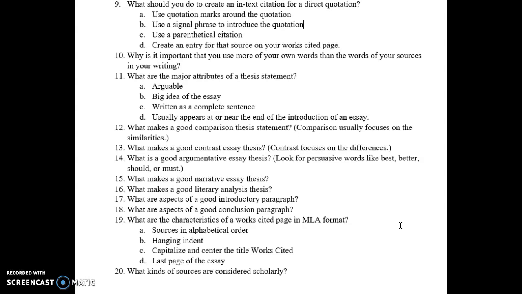So if you are in college, you should use college level sources. You can also find scholarly sources by using the internet, using sources or websites that end in .edu. Those are educational sources. Those are published by institutions of education and are considered scholarly.